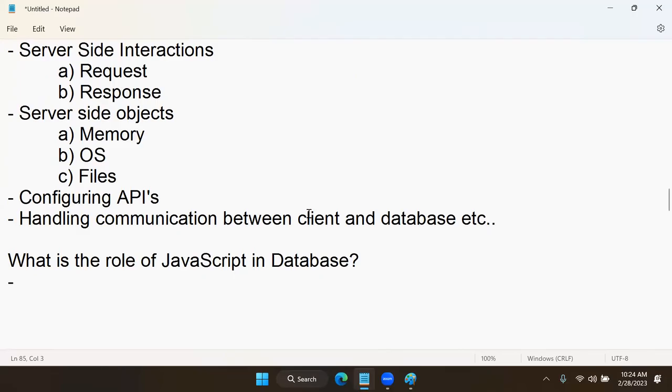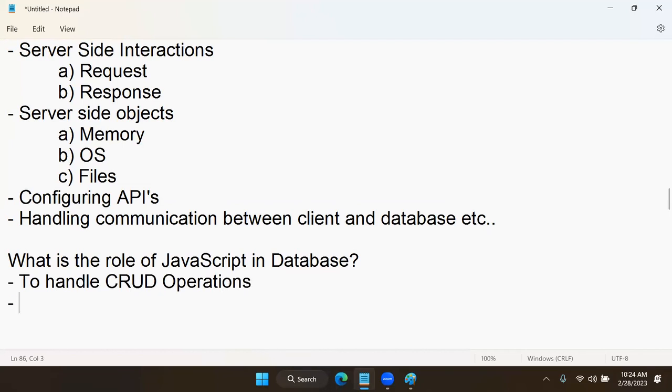But do you know there are so many database technologies which are not SQL based? There it all happens through JavaScript methods. That means JavaScript is used in databases to handle CRUD operations.